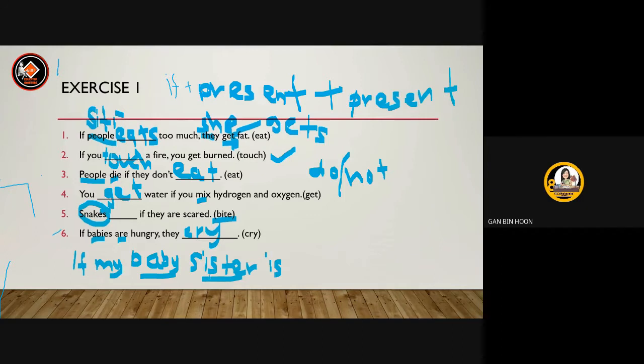If my baby sister is hungry, okay, baby sister will be she. What's the answer here? Because she is singular, so she cries. Because sometimes you do have to write conditional sentences. So if my baby sister is hungry, she cries. Because this is one person, a she, so here must be is, and then here must be cries.